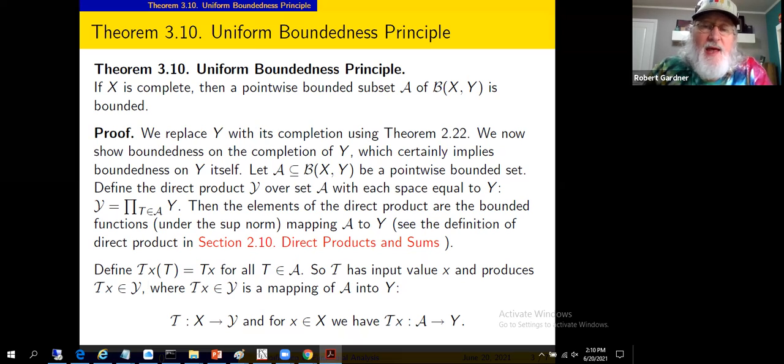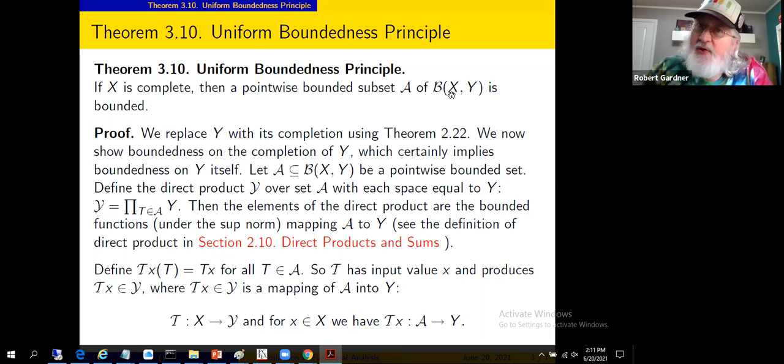So what we have is indeed capital T of X maps elements of calligraphy A, like capital T, and gives out elements of Y, like T of X. T of X is an element of Y. Right.